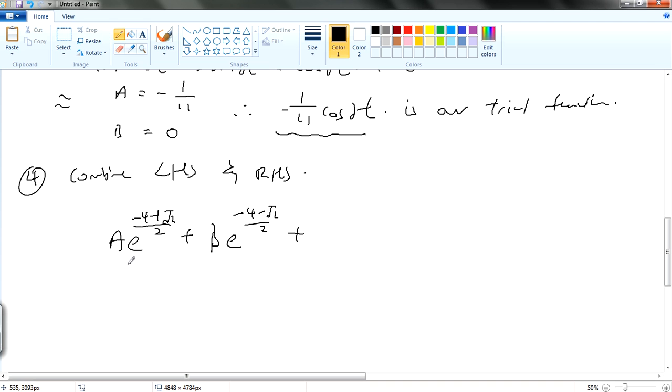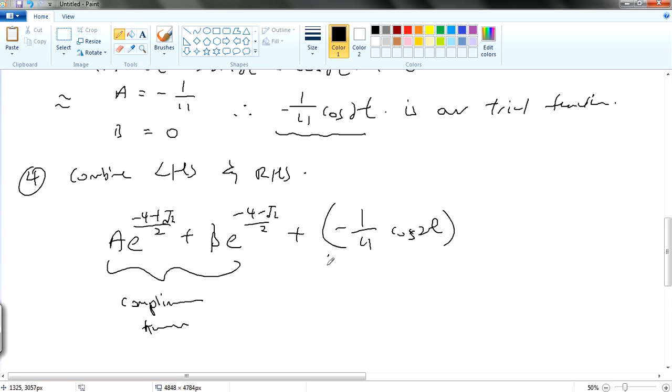And then now this is the complementary function, plus minus 1 over 11 cosine 2t. Okay, this is our particular function.